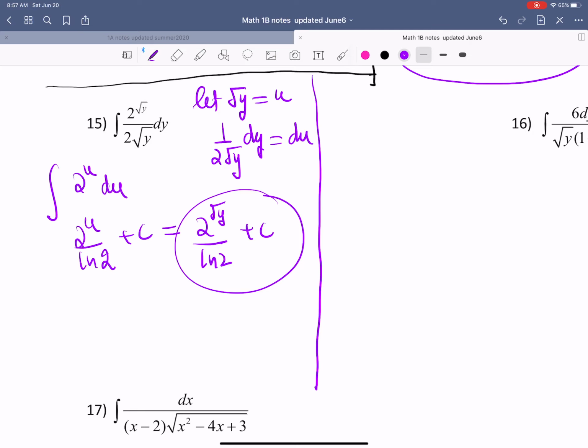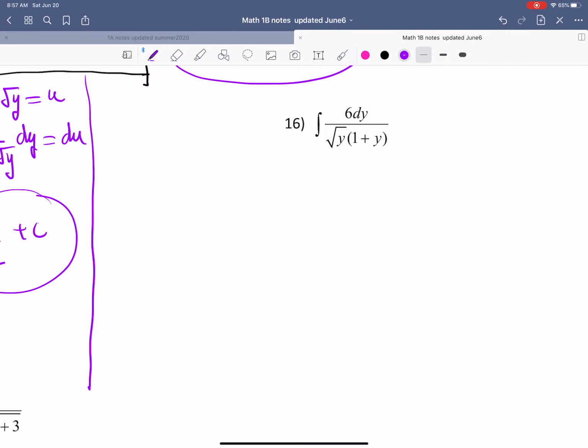Okay. Next problem, we have number 16, 6 dy over square root of y, 1 plus y. This does not look like a direct u substitution because I don't have any y's on the top and I have the extra square root of y sitting in the denominator. So what can I do with this problem?